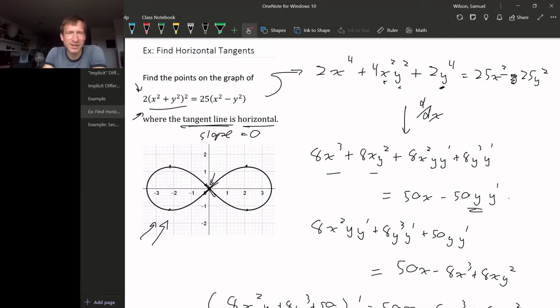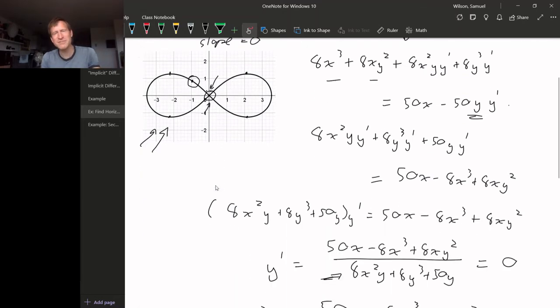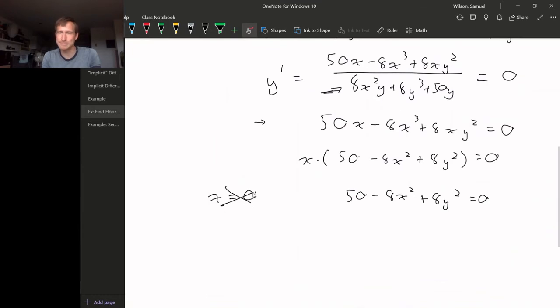What's really happening here is at the origin, it's actually invalid to use implicit differentiation, because near the origin, y is not a function of x, right? Because there's this crossing that's happening. As long as you're away from the origin, there is some neighborhood near the point where y is a function of x, but that isn't true at the origin. So we have to actually discard the origin. That leaves us with this.